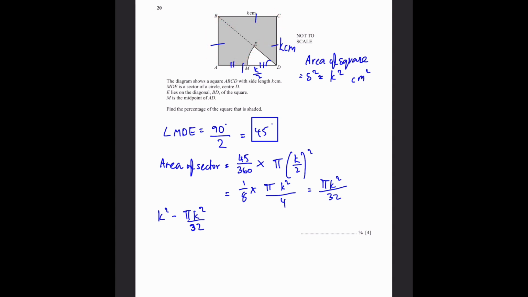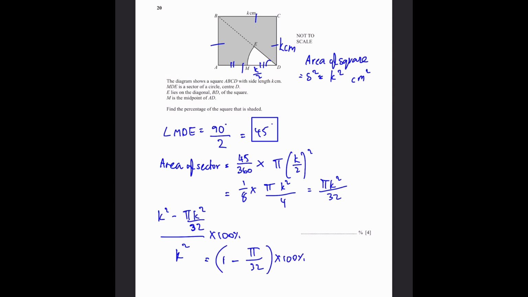And the percentage will be the whole thing divided by k squared, the area of the square, and then we need to multiply by 100%, of course. When we separate the fractions, k squared by k squared is equal to 1, and minus pi k squared by 32 by k squared. We can cancel out the k squareds and get 1 minus pi by 32, and multiply it by 100% at the end.